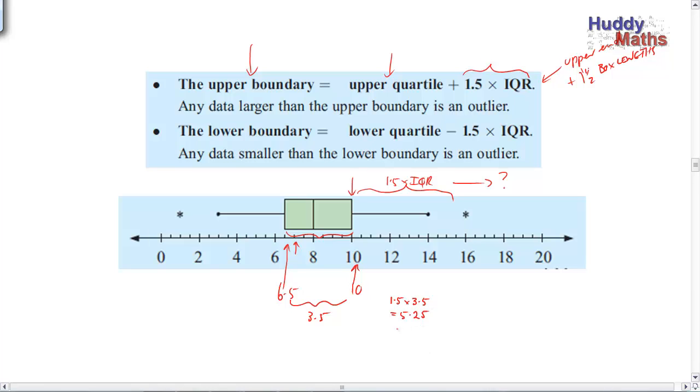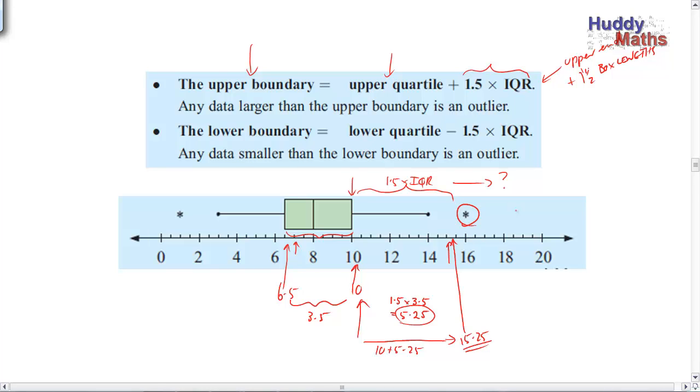So, if that's the top of the box, how far this way can we go before we call an outlier? Well, 10 plus 5.25 is 15.25. Let's find it. It's in here. 15.25. That's why they've marked 16 as an outlier.